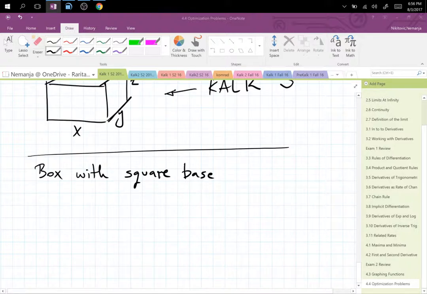Now every time I teach Calculus 1 class, I challenge students, and especially now for you guys, the weekend is coming up, to take a piece of paper, regular printing paper, 8 by 11, or 8.5 by 11, whatever it is, and create, first calculate, and then actually make the box with the largest volume.